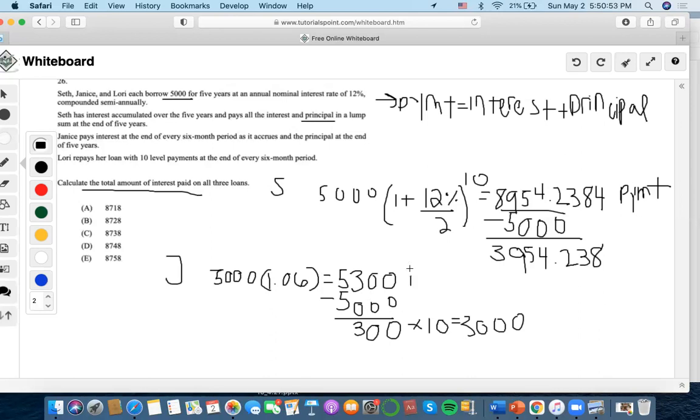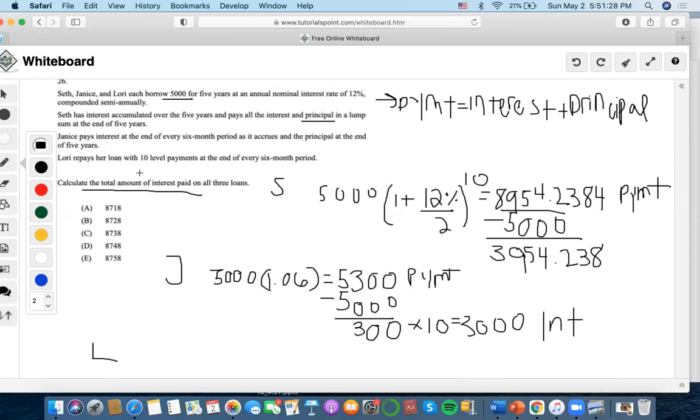So this would be the payment, and then we also have to pay out the principal, which is what we borrowed, 5,000. We subtract both, and we end up finding the interest, right? Same as the first case, where Seth has interest accumulating over the 5 years and pays out all the interest. This is the payment, subtract the principal, and then we get 3,954.23 as the interest. Now let's go to Lori.